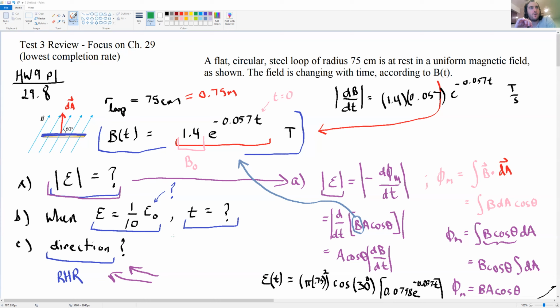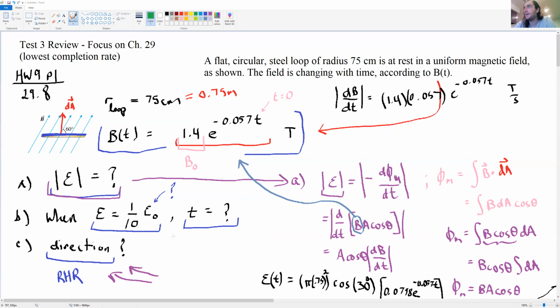In order for this to work, we have to know if the magnetic flux is increasing or decreasing. We determined that the magnetic flux was changing only because the magnetic field is changing. So question for you guys, is the magnetic field increasing or decreasing? You can put your answer in the chat.